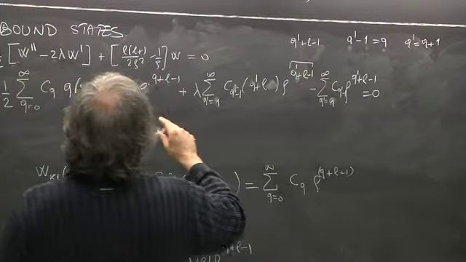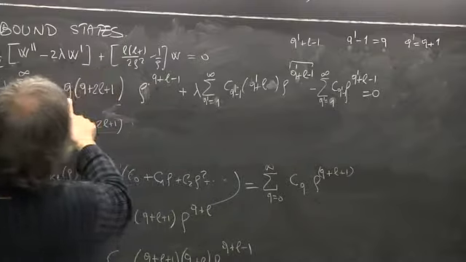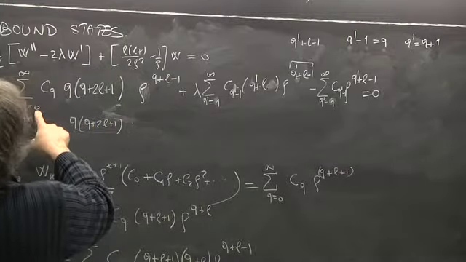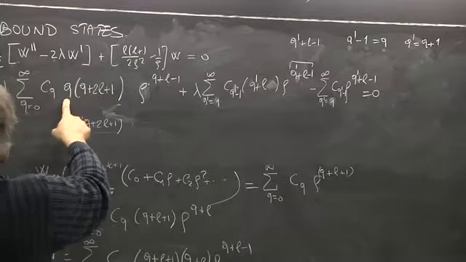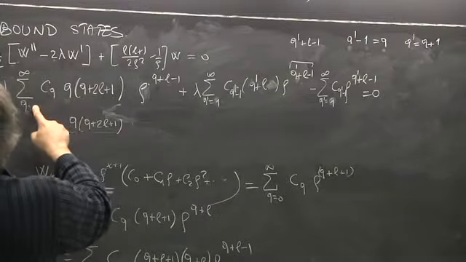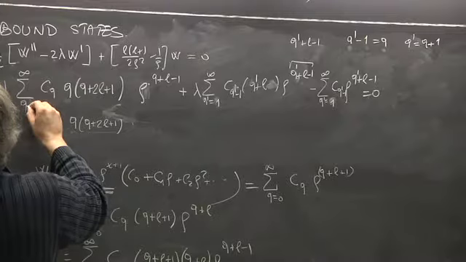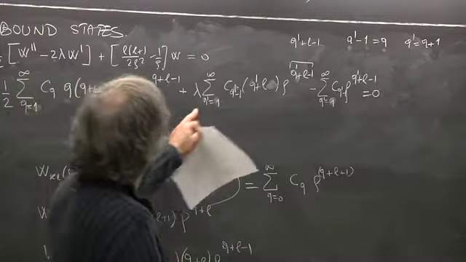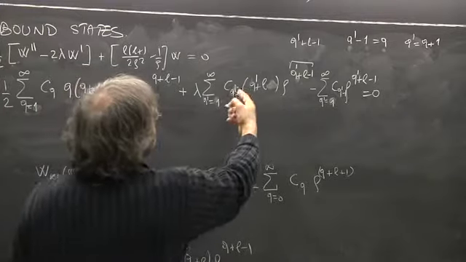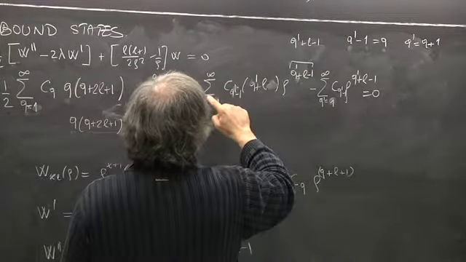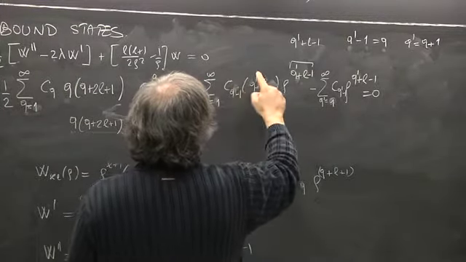In fact, I suggest the following thing. First of all, notice that when Q is equal to 0, this term just vanishes because of this Q prefactor. So this term, in fact, starts from 1 as well. All start from 1. And here, there is just a prime that I can get rid of.